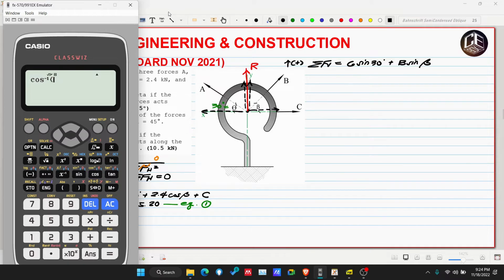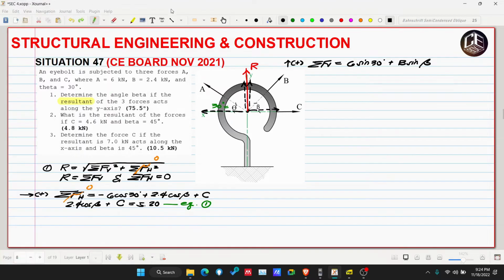Then arc cosine of the answer gives 75.5. So the 75.5 appeared. Let's just assume C is equivalent to 4.6 kN.